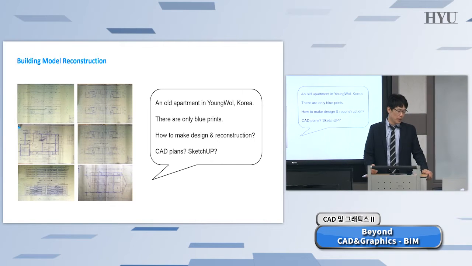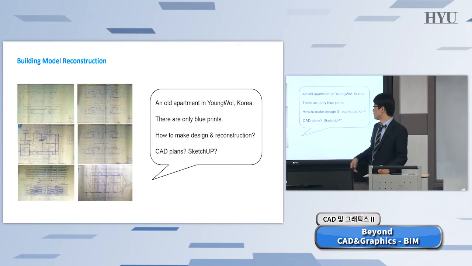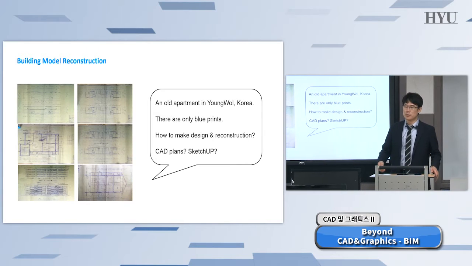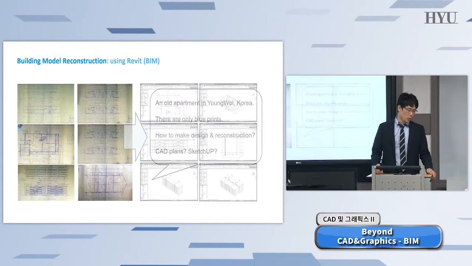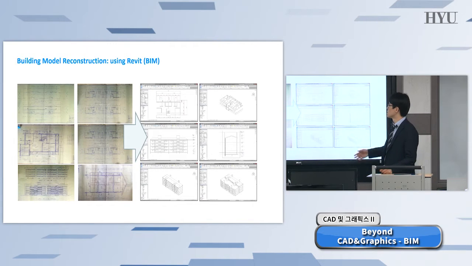So based upon that given information, how do we make a computational model using AutoCAD plans, SketchUp 3D, or 3ds Max 3D? We use building information modeling tools such as Revit and some more applications.